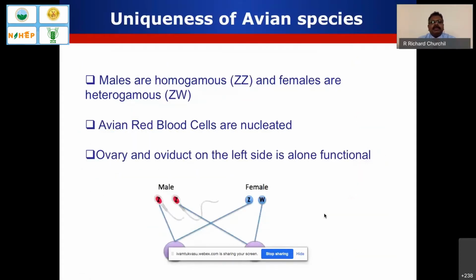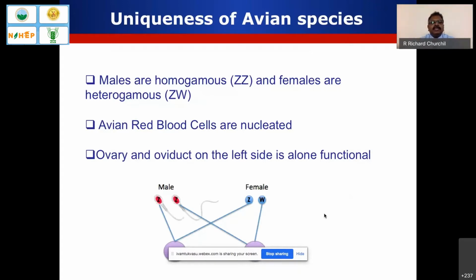So there are some peculiarities in avian species. In chickens, males are homogametic and females are heterogametic, just opposite to human beings.